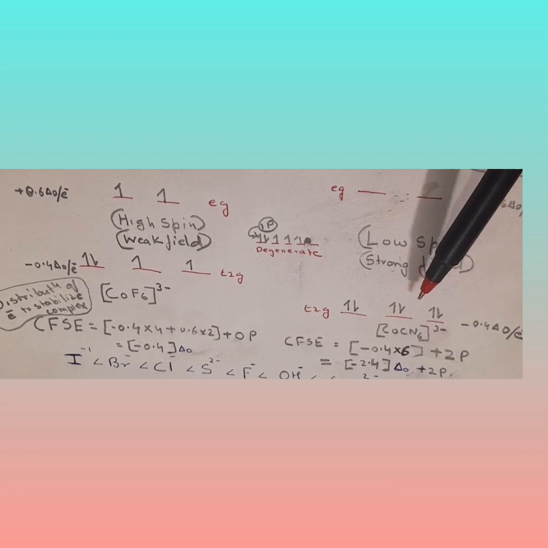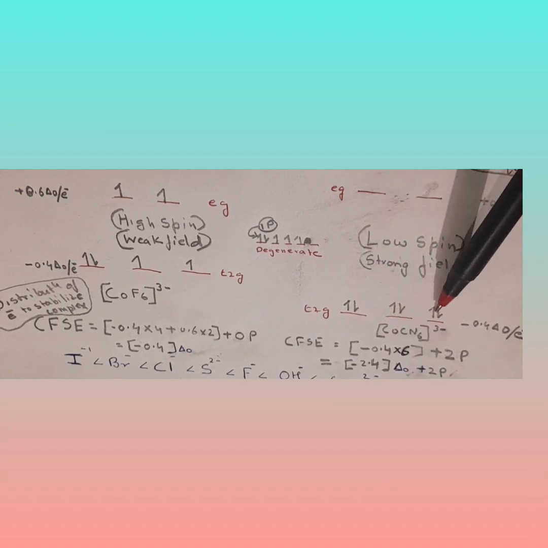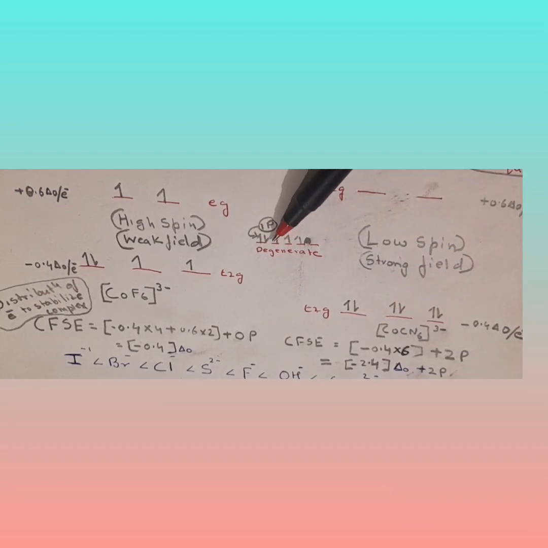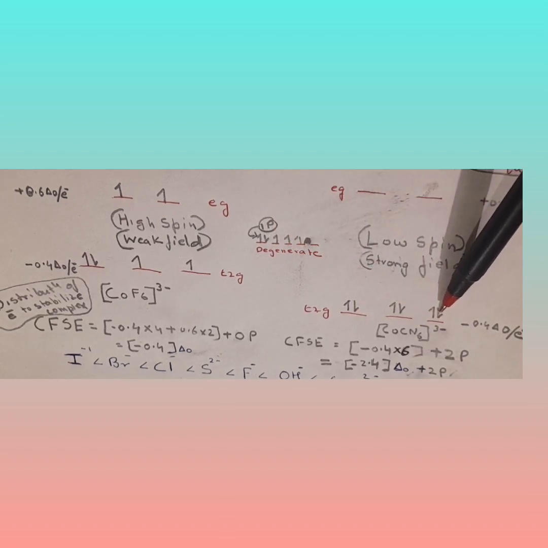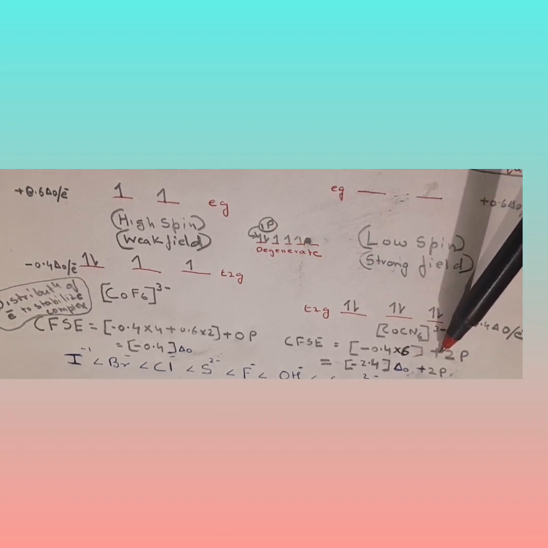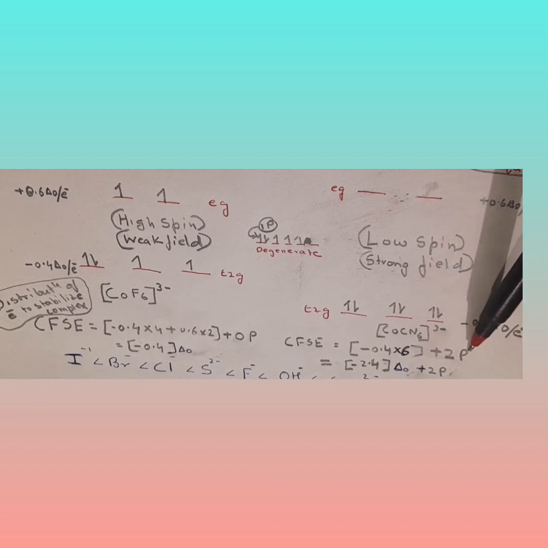And when we check over here, it has 1, 2, 3 pairings, whereas initially it had only one pairing, so one pairing we can exclude as it was initially there, and 2 pairings we can add. That's why we added plus 2 pairing energy.